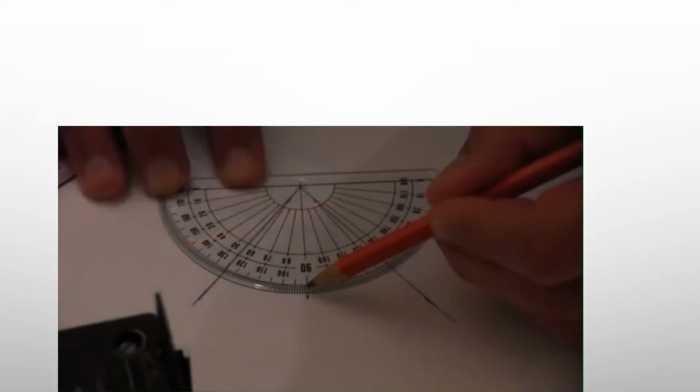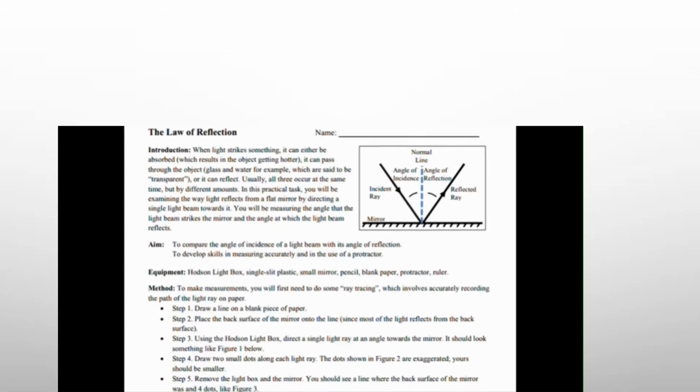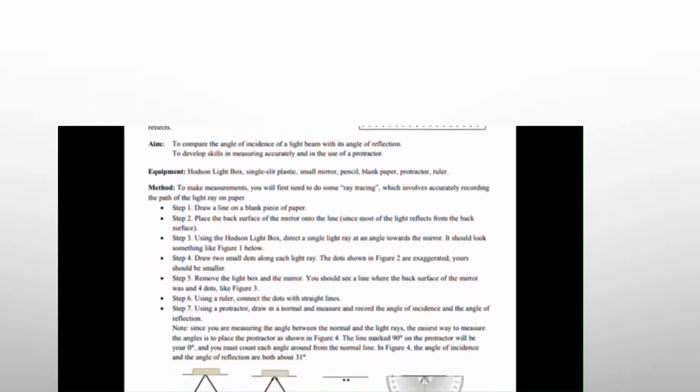This is a very simple activity, and for doing the activity you will need a plane mirror and a laser torch. By using those two instruments you can easily study the laws of reflection. First, you have to mark the plane mirror by a line on a white paper, and you have to send a laser beam onto the plane mirror.